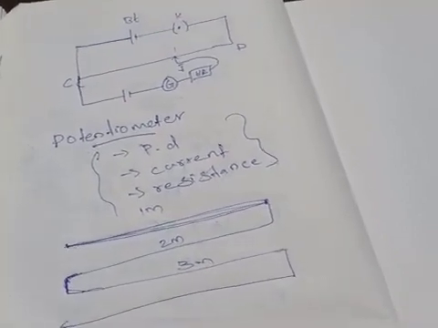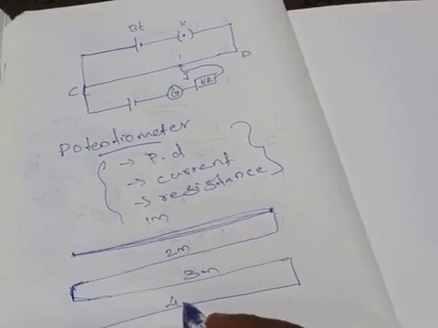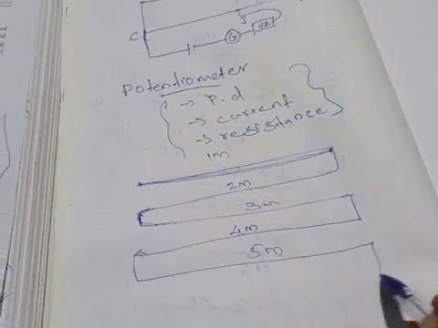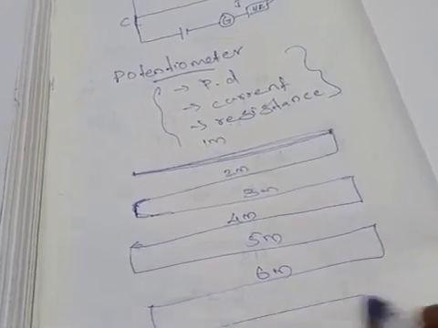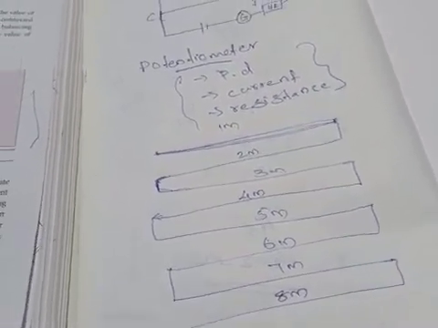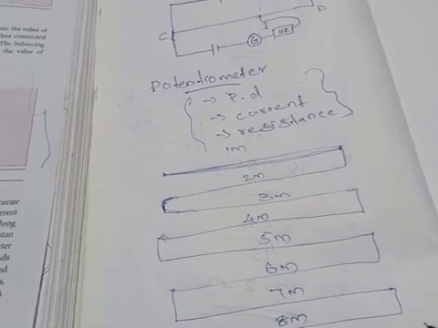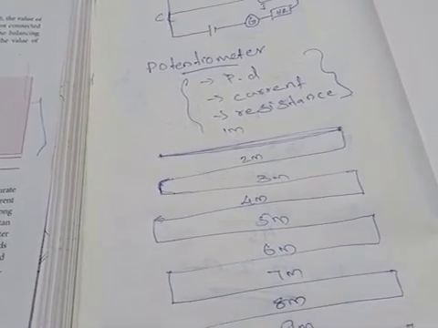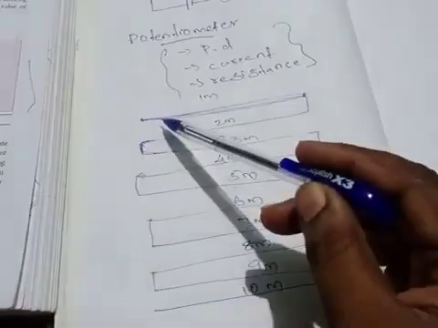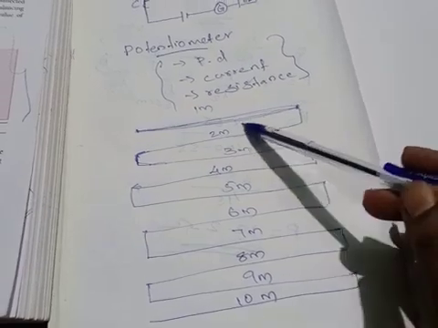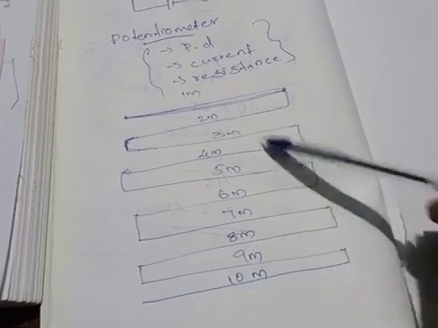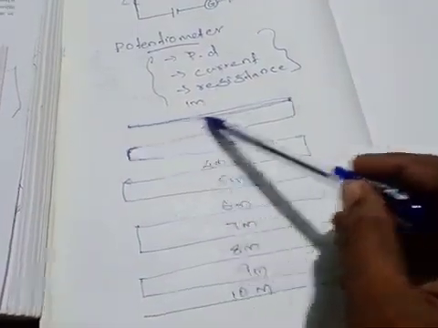You can see 4 meter, then 5 meter, 6 meter, 7 meter, 8 meter, 9 meter, then 10 meter. Like this you can see 10 rows. 10 rows are all parallel rows you can see. So this is how a potentiometer wire is fixed on a wooden board.